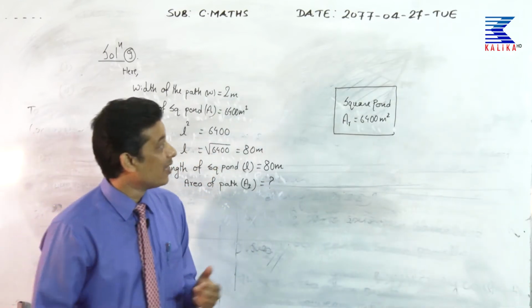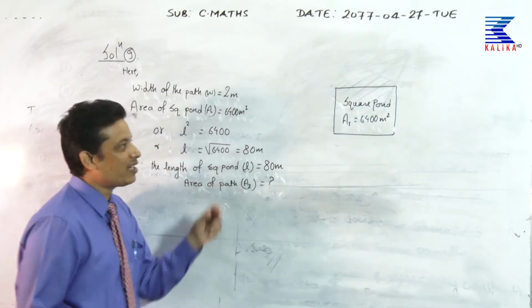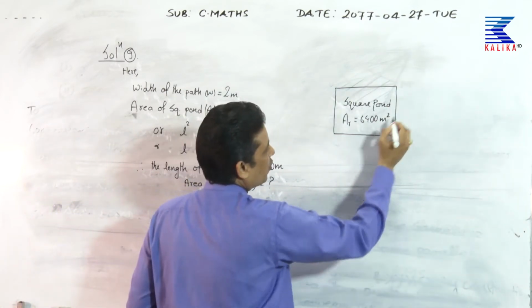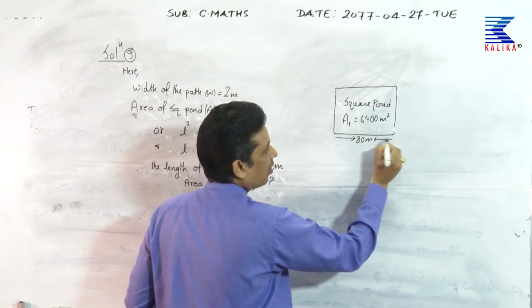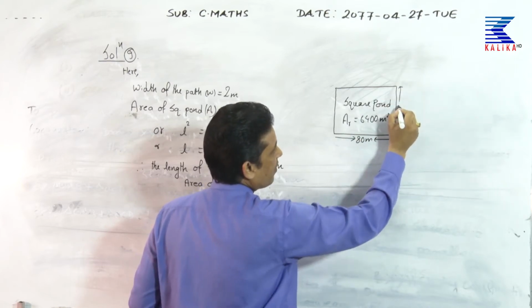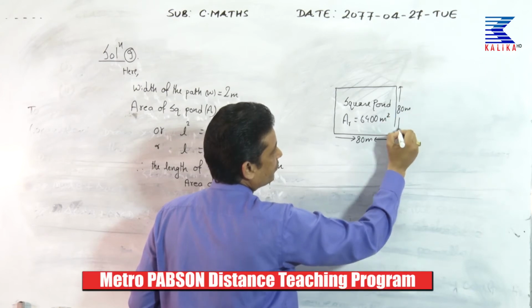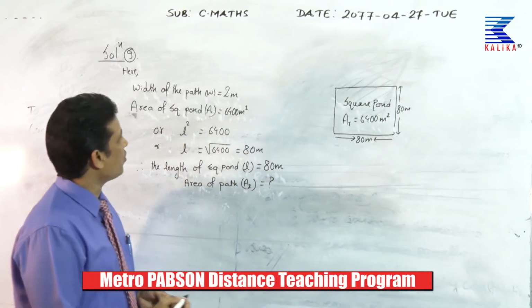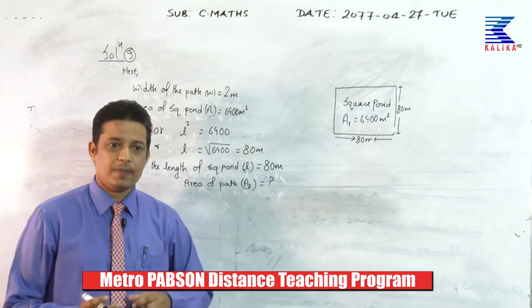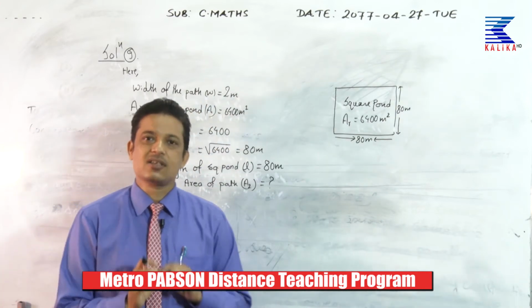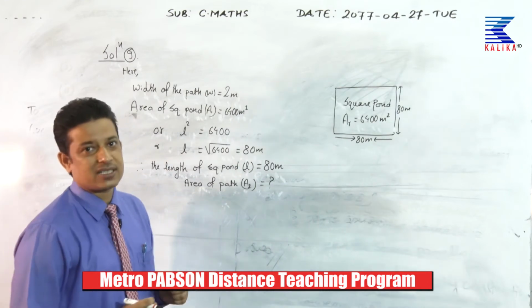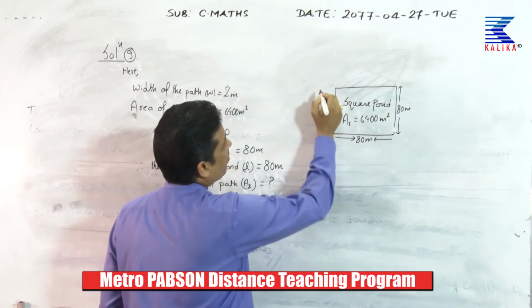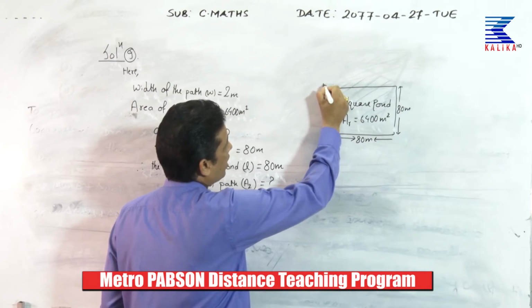Use its formula. So, we did the same and we got the length of square pond to be 80 meter, and obviously the breadth will be the same, it is a square. As per the question, a path is constructed around the square pond and the width of the path is given as 2 meter. So, let me make the 2 meter path outside.